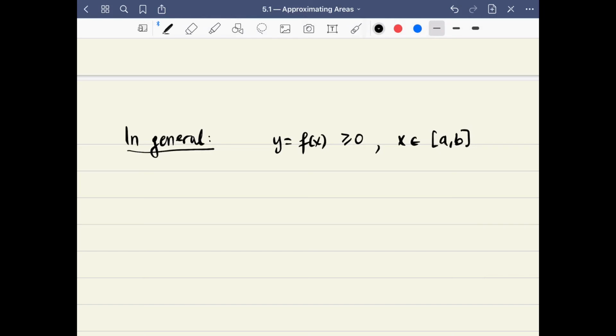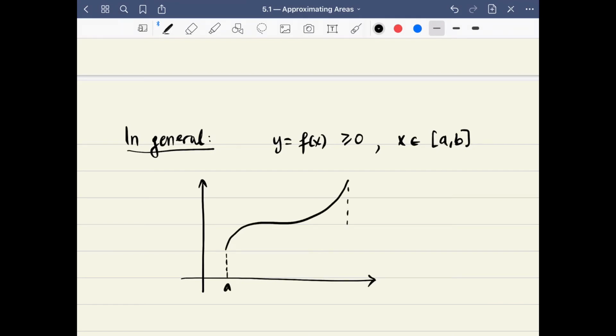So then we can approximate the area between the curve and the x-axis using rectangles.